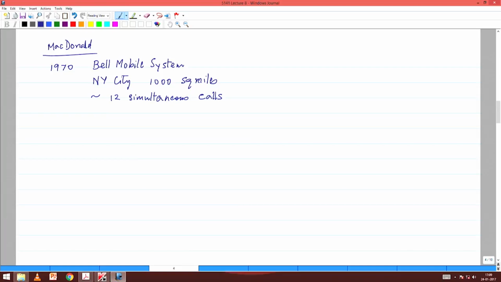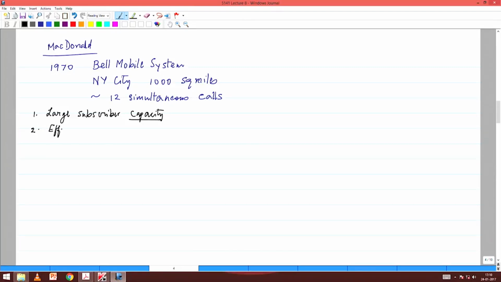So the basic premise of McDonald's work was based on 9 elements. And I hope you would have read the document, but let me just highlight that. So basically the first premise was you must have a large subscriber capacity. That was a requirement. So this is what we would refer to as capacity. That was what he was trying to address as first stage.